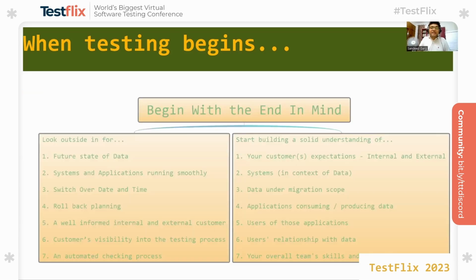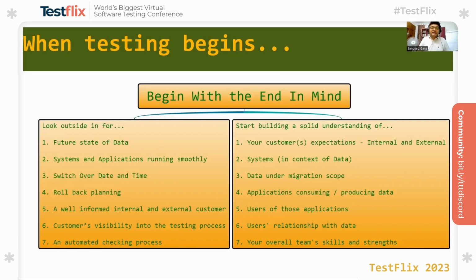When testing begins, please begin with the end in mind. And what practically this means is, if you look at the right-hand side of it, look outside in for the future state of data, systems and applications running smoothly.